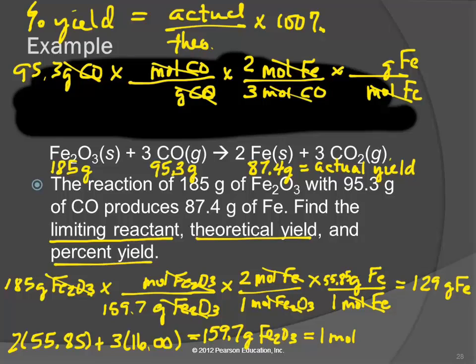So for moles of carbon monoxide to grams of carbon monoxide, we need the molar mass of carbon monoxide. Carbon is 12.01 and oxygen is 16.00, just one of each of them, and that comes out to be 28.01. So that's grams of carbon monoxide is equal to 1 mole.